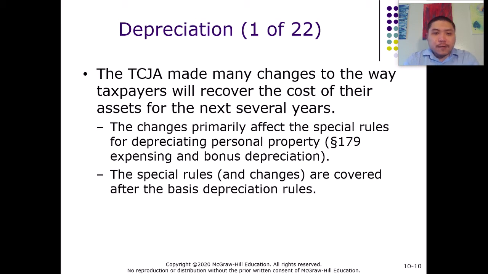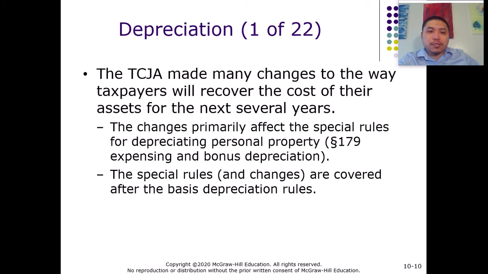But yeah, let's talk about the Tax Cuts and Jobs Act, right? So TCJA. This is a law that was passed after President Trump got into office, and it makes several adjustments in the way we can depreciate assets for tax purposes, right?